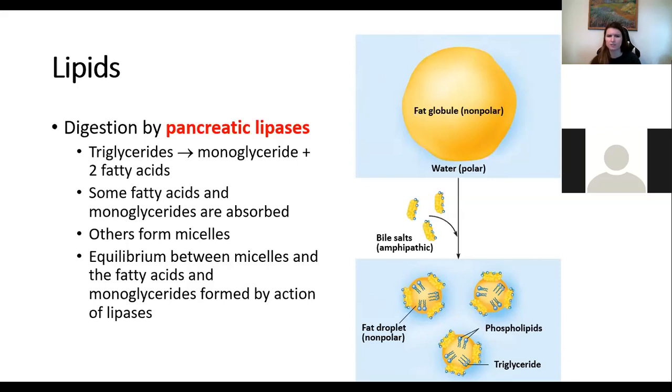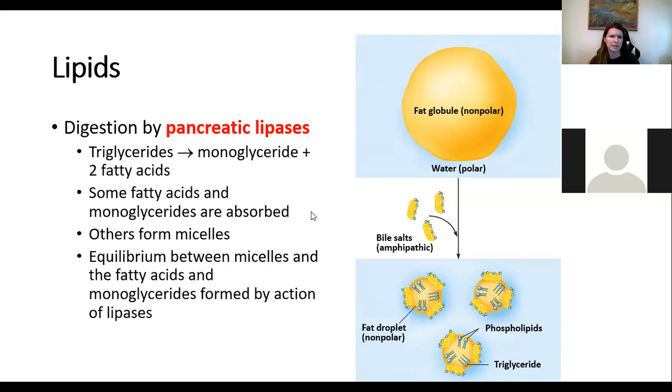So in your slides, just note, I changed the number here because I can't figure out how you would get 3 fatty acids out of a triglyceride. I'm going to explain what a monoglyceride is in order to make sense why I changed it. So a triglyceride, right, is a glycerol backbone with 3 fatty acid chains coming off of it. What a lipase does, what the pancreatic lipases do, is they break off fatty acids from the glycerol.